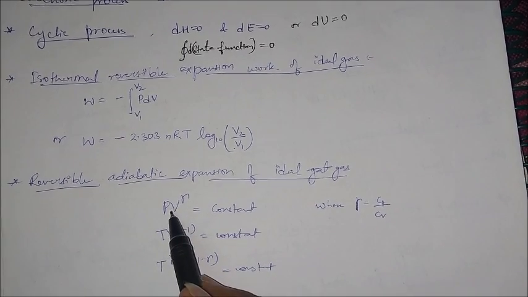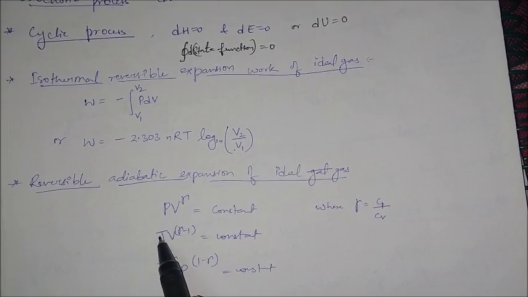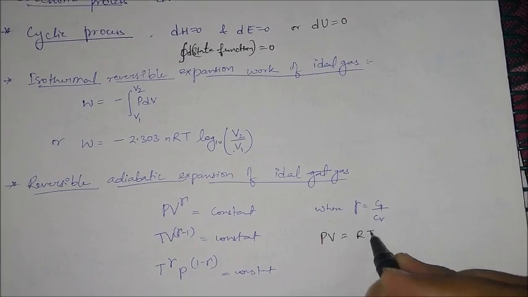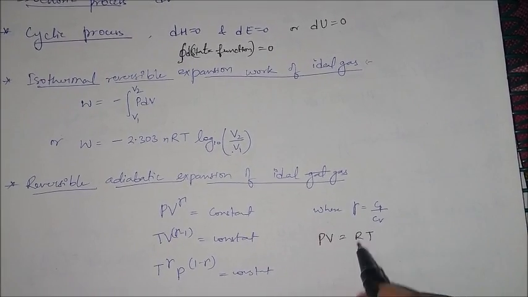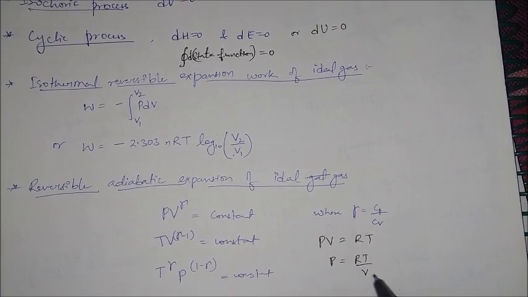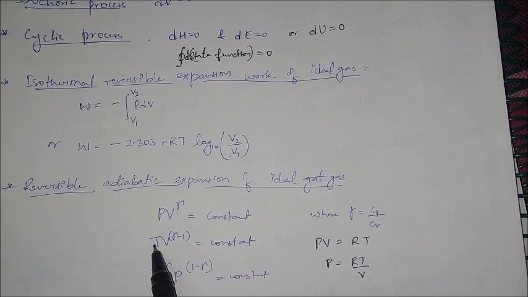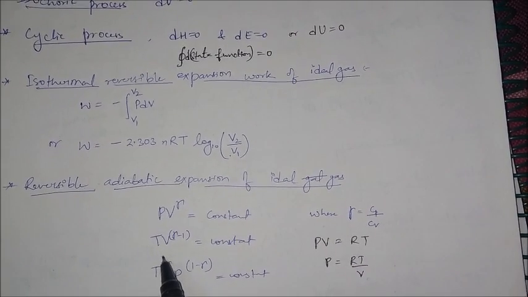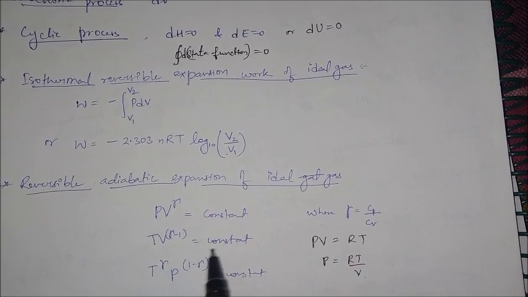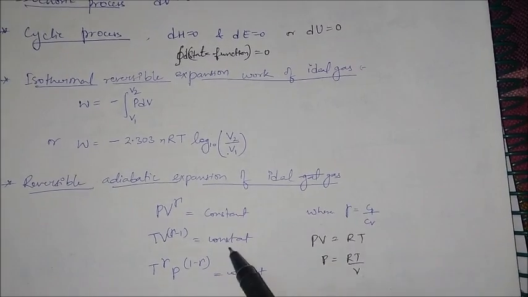Since PV is equal to RT, with R constant, we have written P is equal to RT by V. We have replaced this P with RT by V, and V is given the power gamma minus 1. This R is constant, so we are not writing it, because the other side is constant already. Constant divided by R gives another constant, so that is constant only.